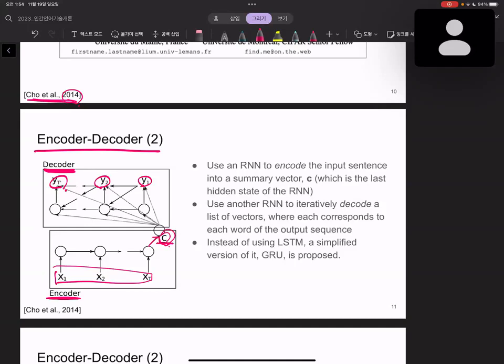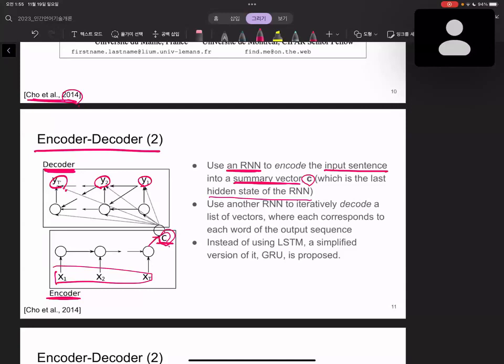Okay, so use one RNN to encode the input sentence into a summary vector C, which is the last hidden state of the RNN. Nowadays, it turns out that we can use pooling methods for improved performance.